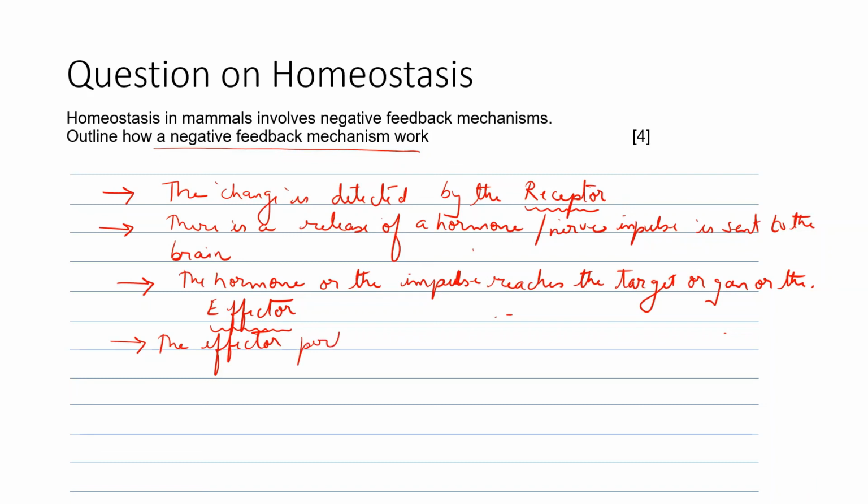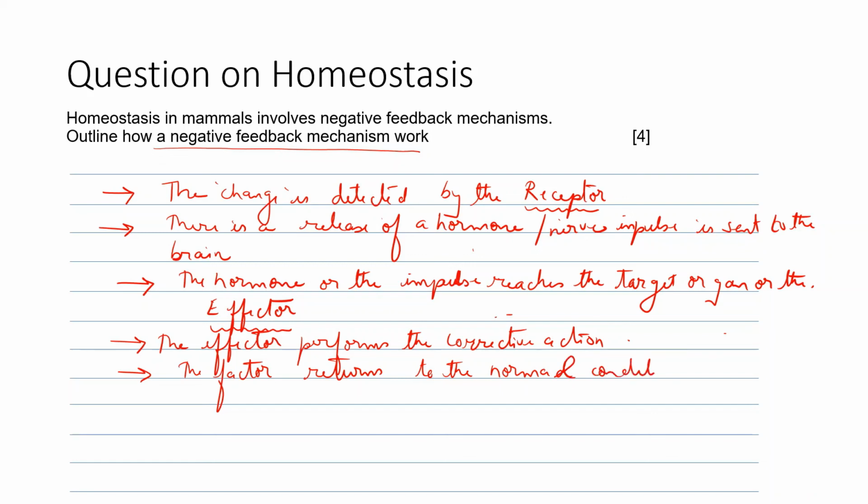Now the effector performs the corrective action and the factor returns back to its normal condition. The factor returns to the normal condition. So these are the 4 points you will write down for these 4 marks.